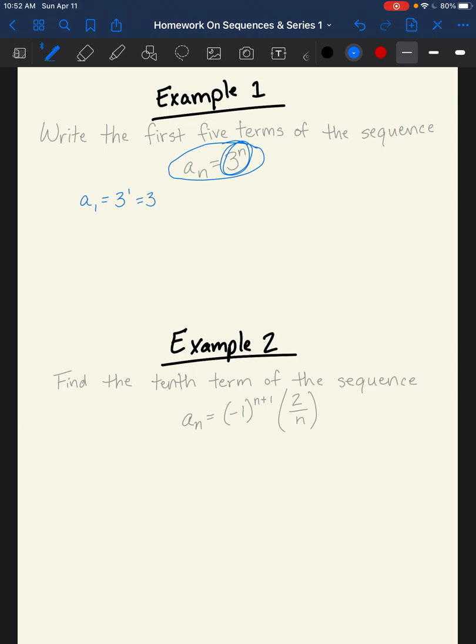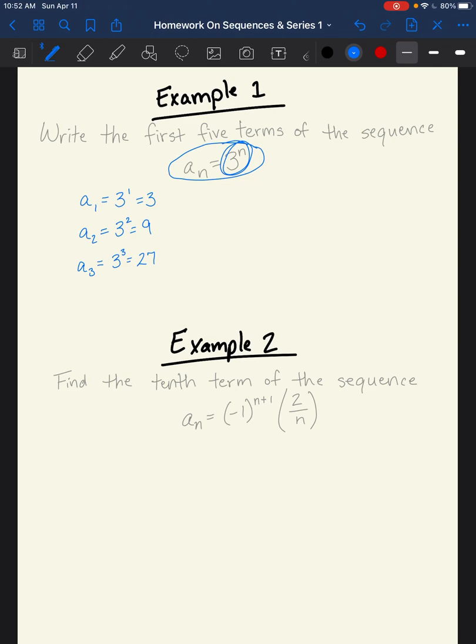And if I want to find the second term, A sub 2, we're going to plug in 2 for n, so 3 squared gives me 9. All right. Maybe you guys can think for a second and see how you would figure out A sub 3. Well, if we're trying to find the third term, we're going to do 3 to the third, which should be 27.